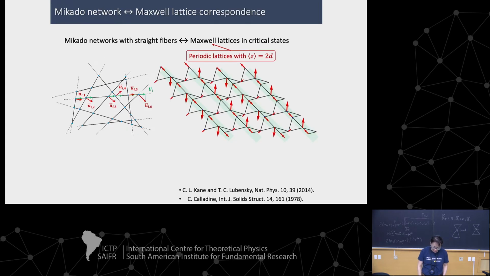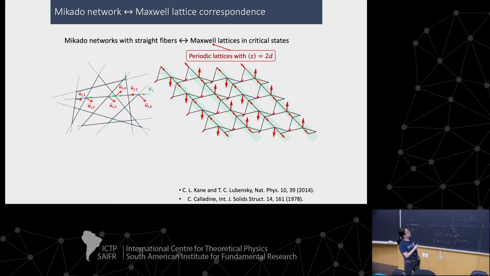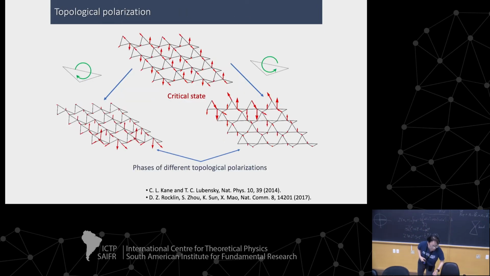You can realize by comparing 2 periodic lattices that these are exactly analogous to Maxwell lattices, for example, the Kagome lattice, when you have these bonds forming straight lines. So bonds forming straight lines is actually the topological transition point in these Maxwell lattices. And I can explain that in this figure here.